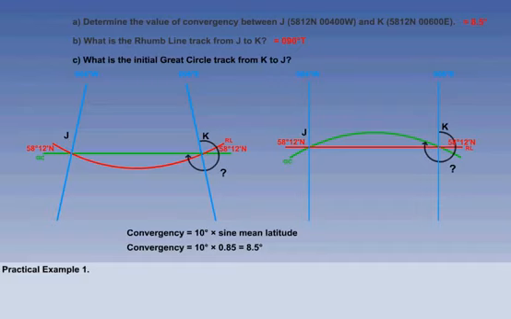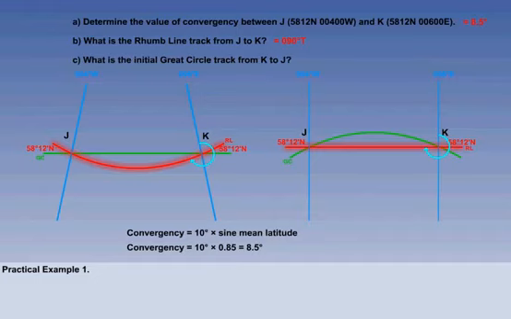Now the third part. What is the initial great circle track from K to J? Think about how you will approach this problem, remembering that this lesson is on conversion angle. What will be your method? You should have appreciated that we know what the rumline track from K to J is, so all we have to do is to apply conversion angle to it.